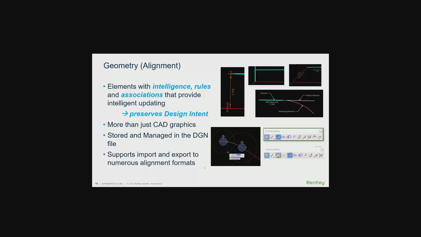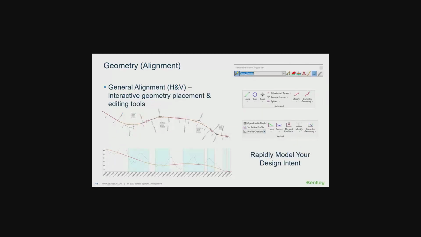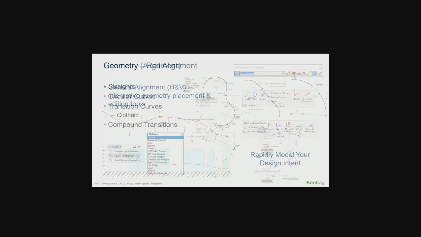Okay, and we're able to support also those other third-party geometry file formats. Okay, so combining both the horizontal and vertical tools available in the software, you're able to create, as I mentioned, interactive geometry by using the interactive geometry placement and editing tools of OpenRail Designer.